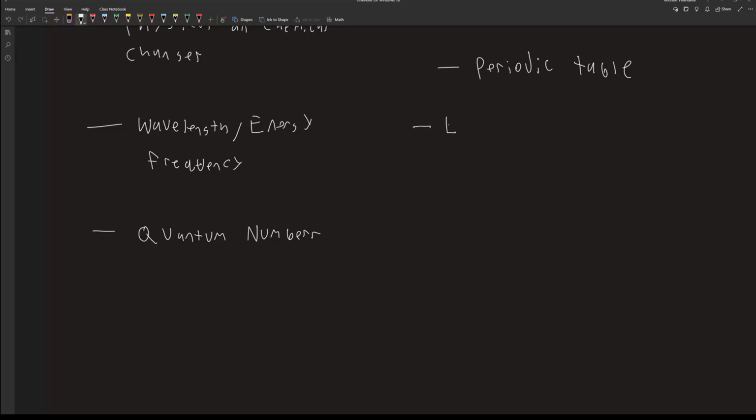Let's see. Electron assignment rule. Periodic trends. Ionic compounds.